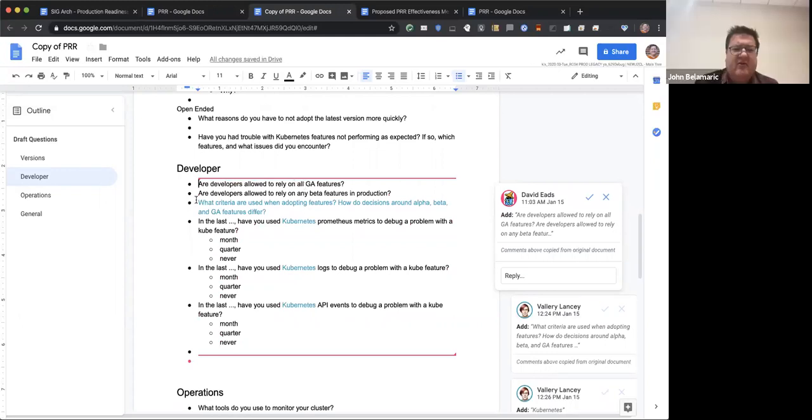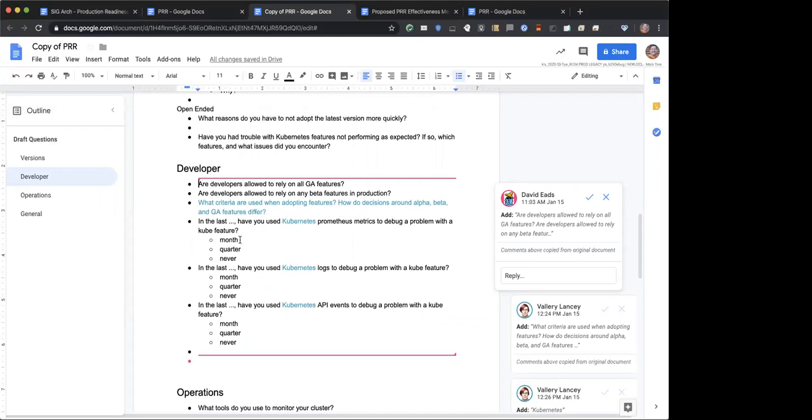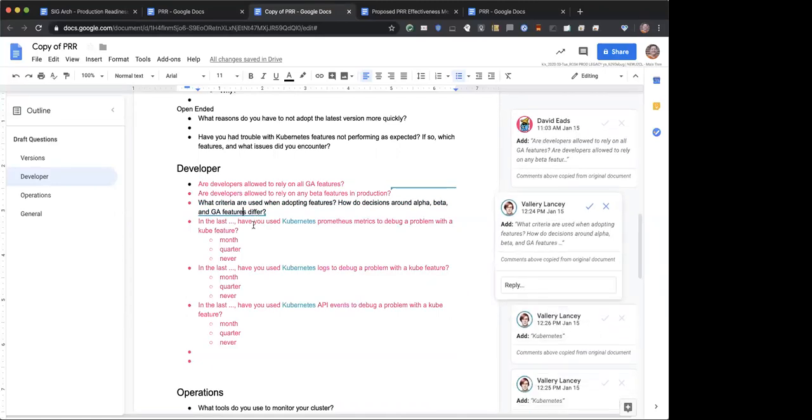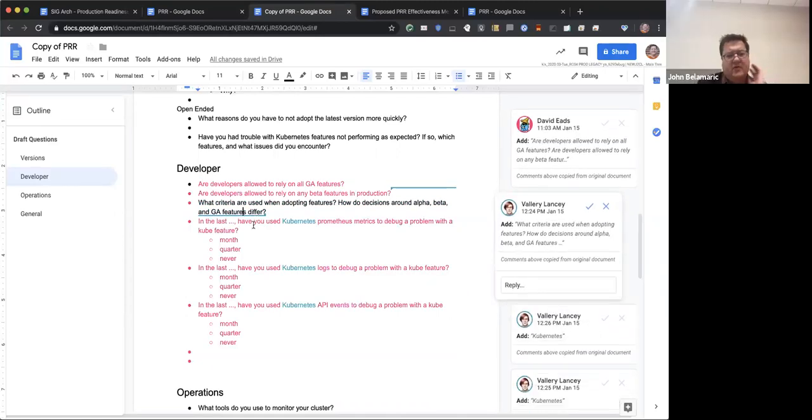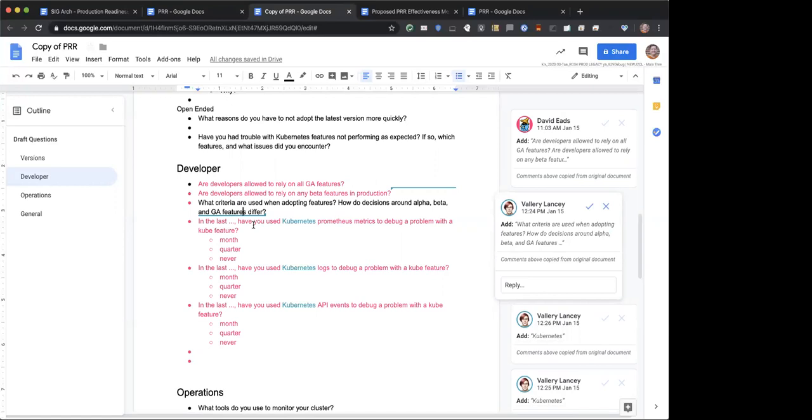Are developers allowed to rely on any beta features in production? What criteria are used when adopting features? How do they define it? I don't know that I asked that question. Somebody asked it. I think Valerie asked it. Okay. But that's too open-ended. I think it's too open-ended too. Maybe we move it to the open-ended section and then think about whether we can rephrase. Okay.